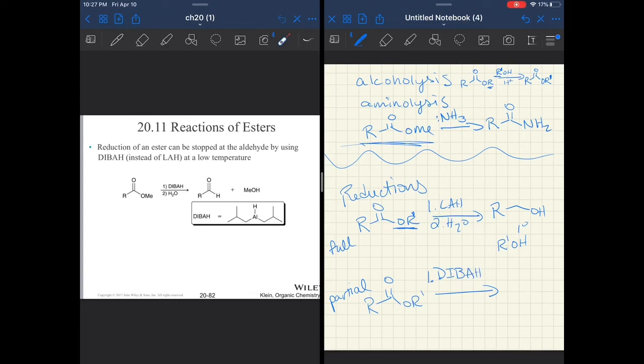I think when I was in college it was DIBAL, but that's okay. It's going to be worked up with water, just like any of our other aluminum reactions. And this is how you can stop at an aldehyde, right? It's not going to go all the way to the alcohol with an ester. So very similar to what we saw in the previous slides, but a slightly different aluminum reagent here.